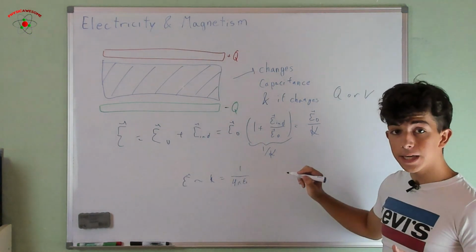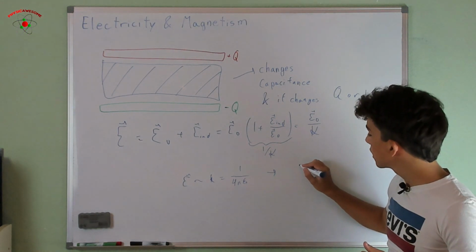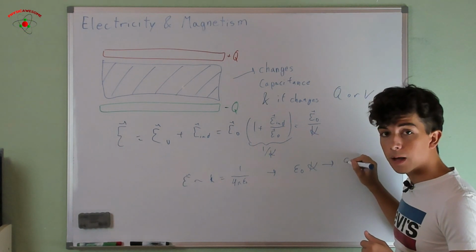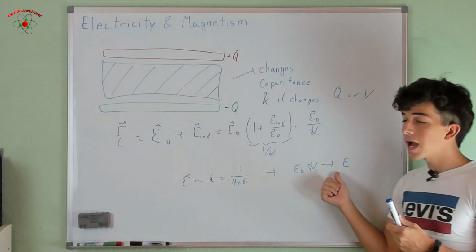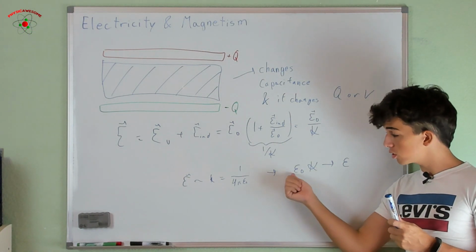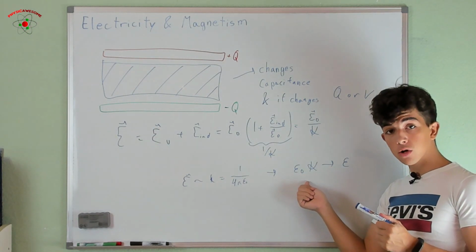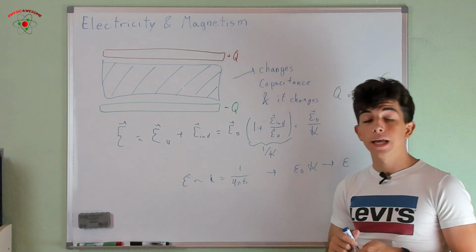So in general, we are going to have a transition from epsilon naught times kappa to epsilon. So in all the equations where we had an epsilon naught, now we're going to have an epsilon that is equal to this dielectric constant times epsilon naught.